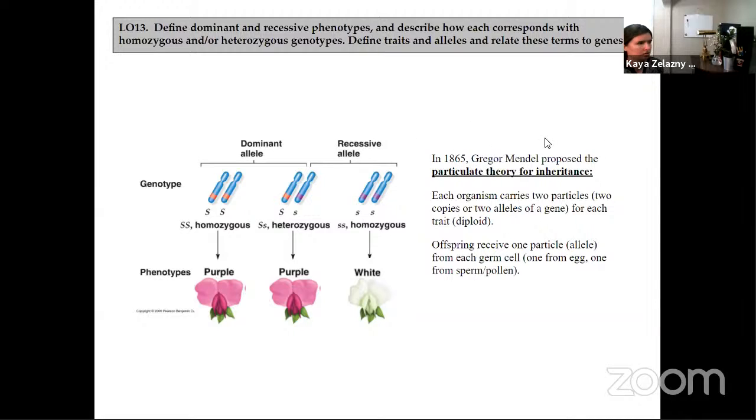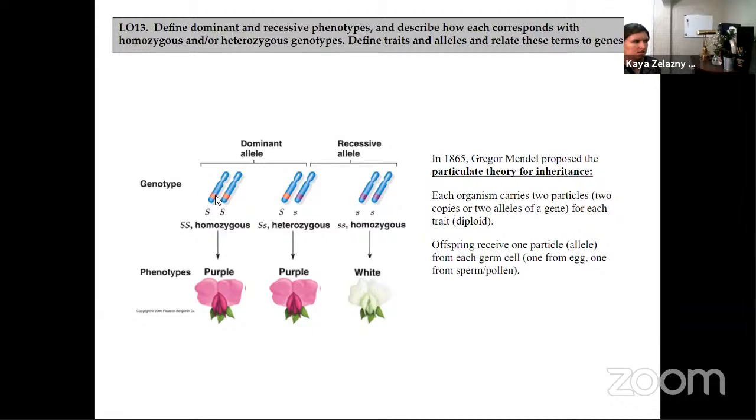Back when they first discovered the principles of inheritance, they defined these as particles of inheritance, but we now understand that every organism has two copies of a gene in a diploid organism. So that's what our homologous pair is.